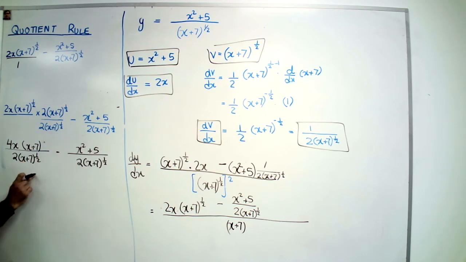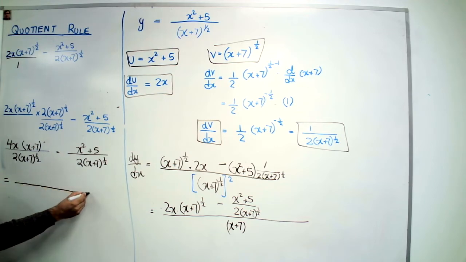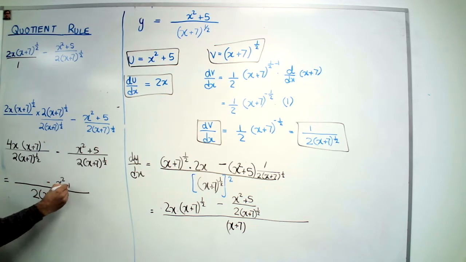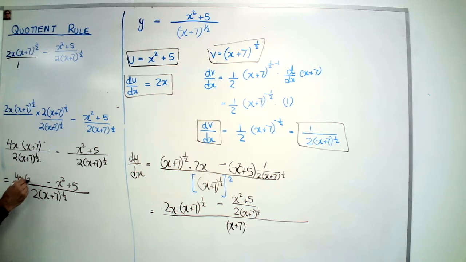Now you can see the denominator here and the denominator here in both terms are exactly the same. If the denominator is the same, you just put the denominator like this and you just add the top ones. This is x² + 5, and this thing becomes 4x(x + 7).